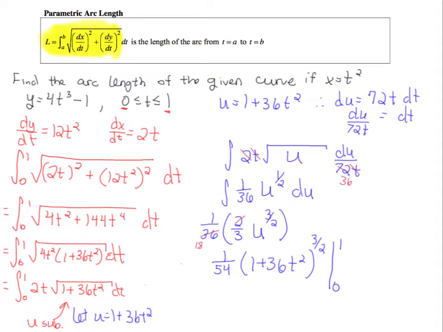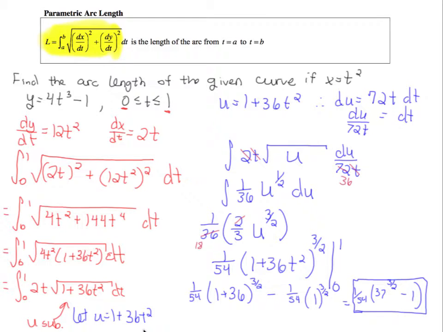Substituting in 1 and then substituting in 0 and simplifying down, we get our arc length is equal to 1 over 54 times (37 to the 3/2 minus 1).